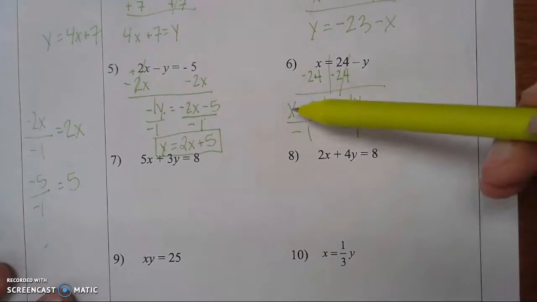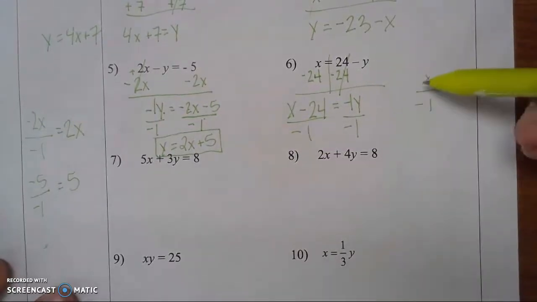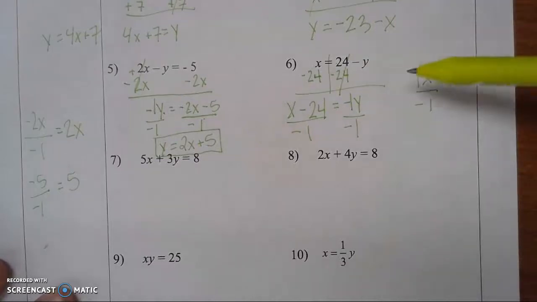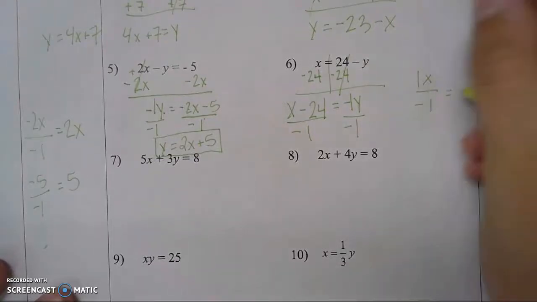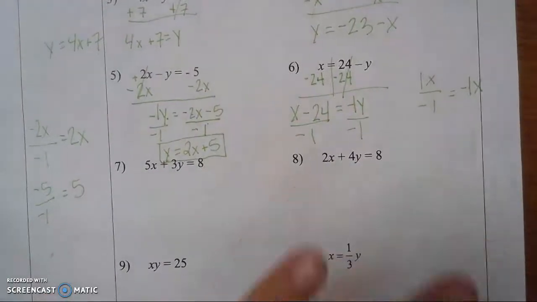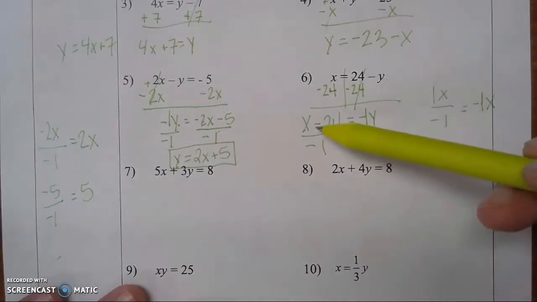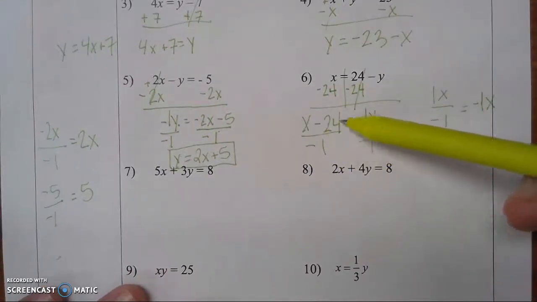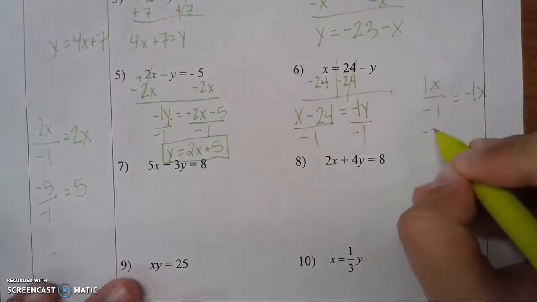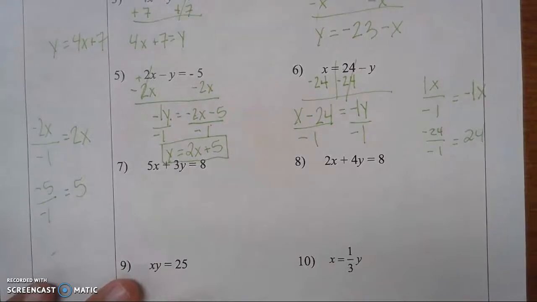So if you were to take x divided by negative 1, remember there's an imaginary 1 here, so 1 divided by negative 1 is a negative 1x. You also have to do it with this 24, and remember that minus 24 is a negative 24. So if I were to take negative 24 divided by negative 1, that gives me a positive 24.